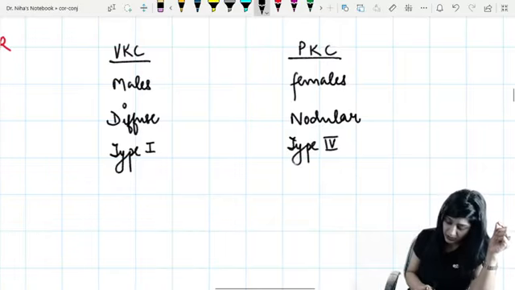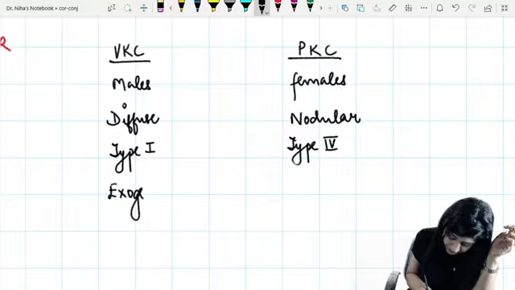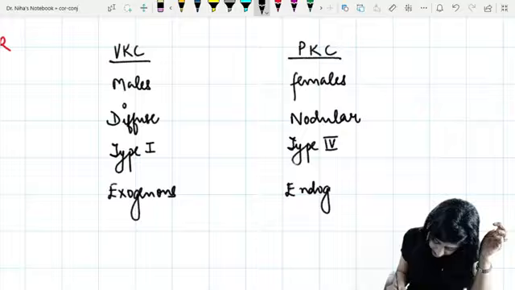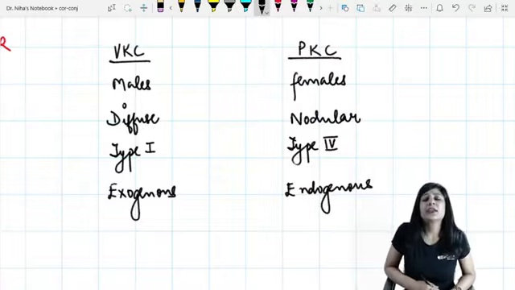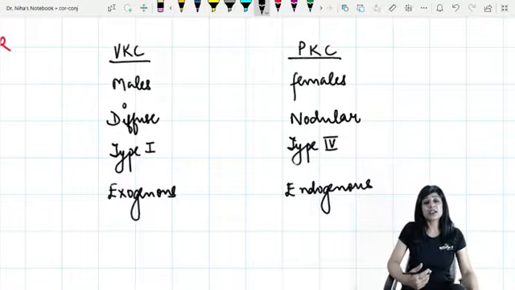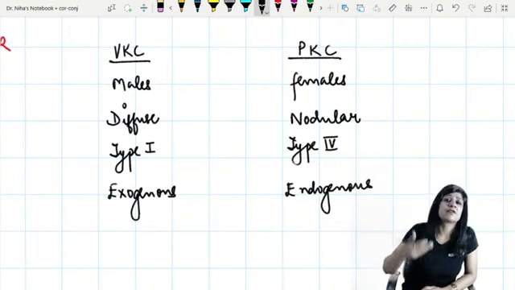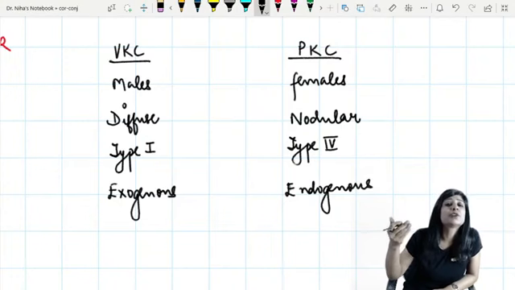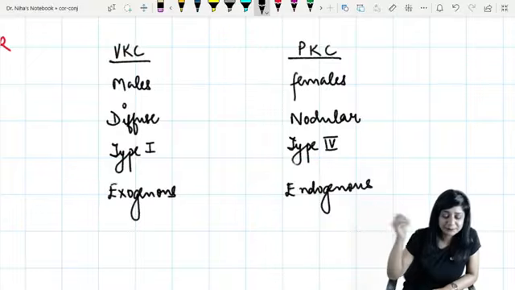This is an exogenous allergy, while this is an endogenous allergy. Obviously you can look at the age of the patient and the signs: cobblestone papillae, Horner-Trantas spots, shield ulcers, ropey discharge. These will help you differentiate whether it is vernal keratoconjunctivitis or phlyctenular.